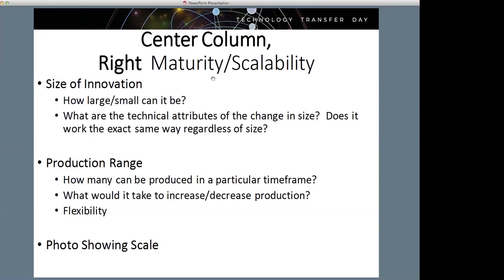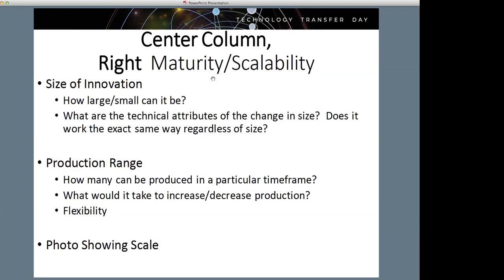When you talk about the size of the solution itself, are there any technical attributes that are impacted by the change of the size? Will it work the exact same way regardless of the size? Does the value of it change with its size? All of that should be discussed in this area.